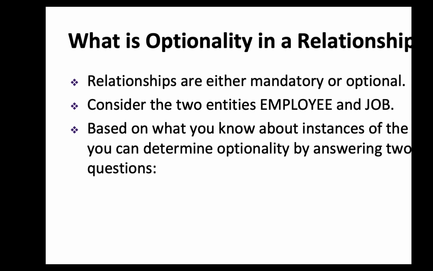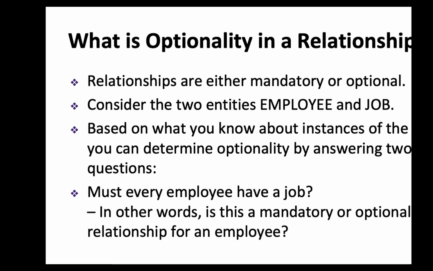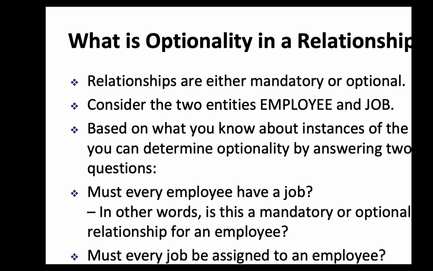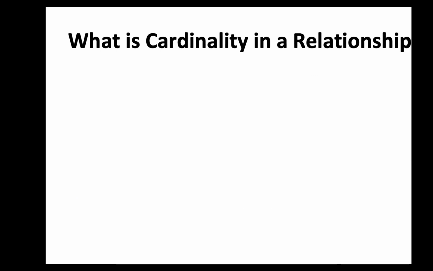So based on what you know about instances of the entities, you can determine optionality by answering two questions. Must every employee have a job? In other words, is this a mandatory or optional relationship for an employee? Must every job be assigned to an employee? In other words, is this a mandatory or optional relationship for a job?